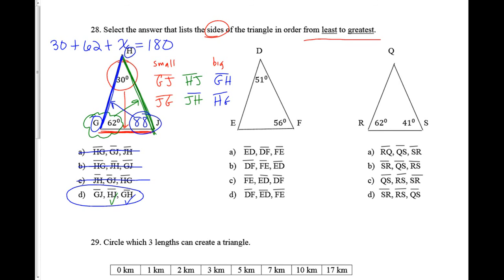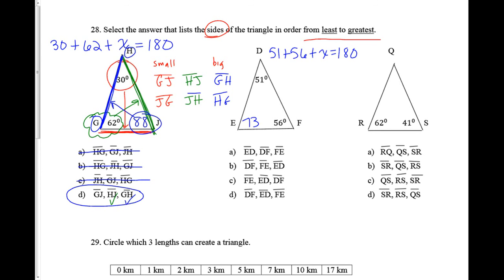The next question in question 28, again, we are missing an angle. So the first thing I need to do is figure out what this angle is. So 51 plus 56 plus x is going to be 180 degrees. So I take my 180 and I subtract out 51 and I subtract out 56. That leaves me with my missing angle measure at 73 degrees.